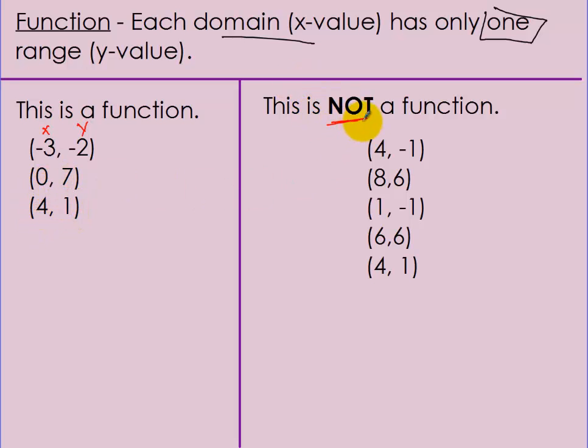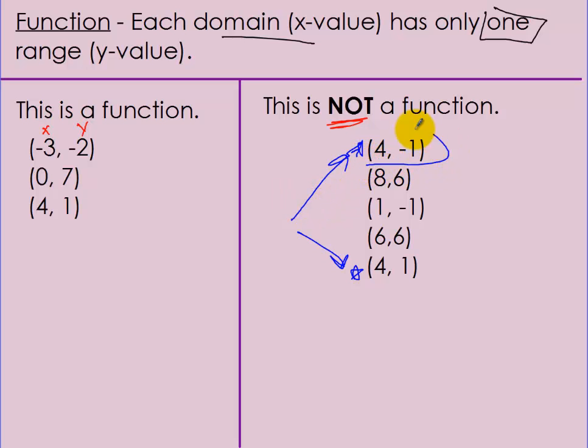The one on the right is not a function, and it's because of two pairs. These two right here. The top one says if x is 4, y is -1, but the bottom one says if x is 4, y is 1. These are two of the same x values, but they have different y values.